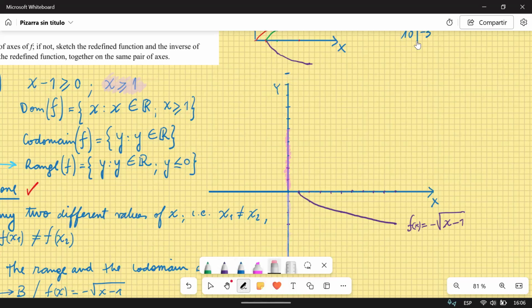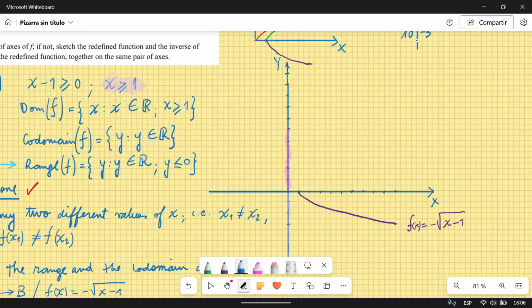So I will extend the y-axis a little bit. I will remove the y, and I will write it there.